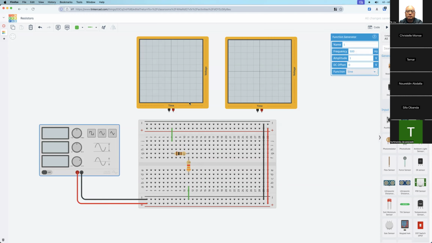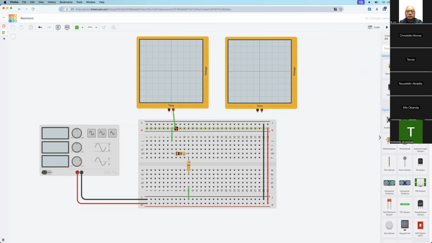Last one, we need to use these two oscilloscopes to measure the voltage across the 100 ohm resistor and the 3.3 kilo ohm resistor. So positive, this one. Actually we can go to the power because this point is connected to the power, right? The negative just goes to this line.